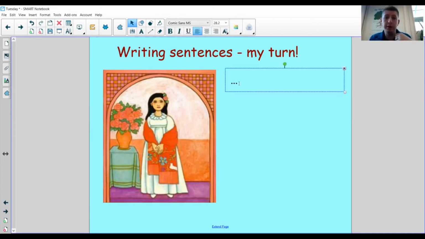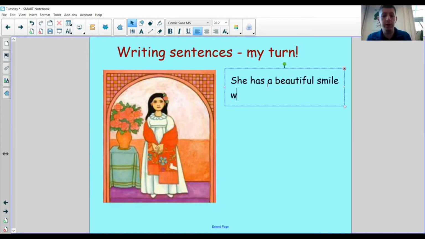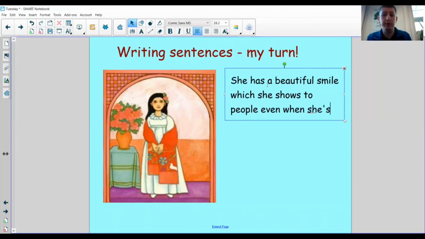So I could start off by describing the way that she looks. I could say, she has a beautiful smile which she shows to people even when she's feeling a little bit miserable.